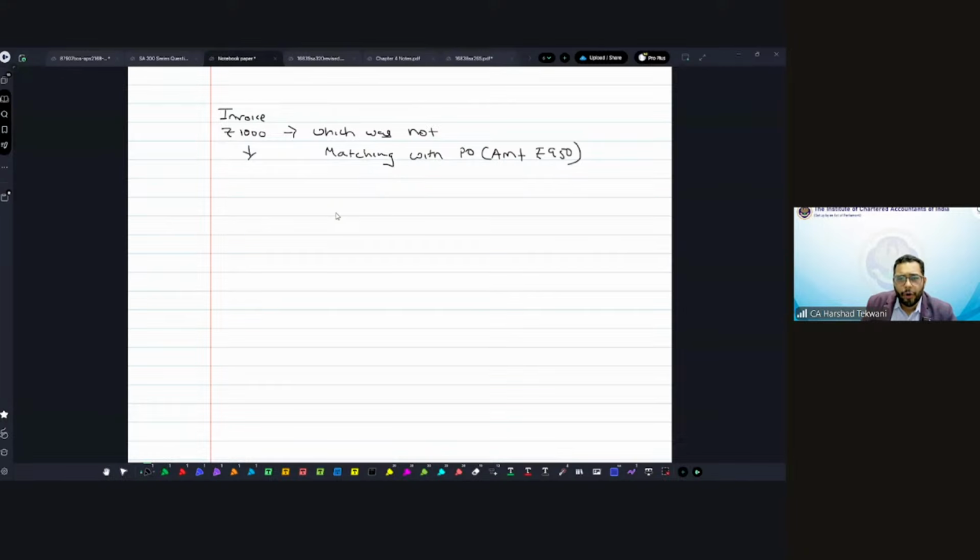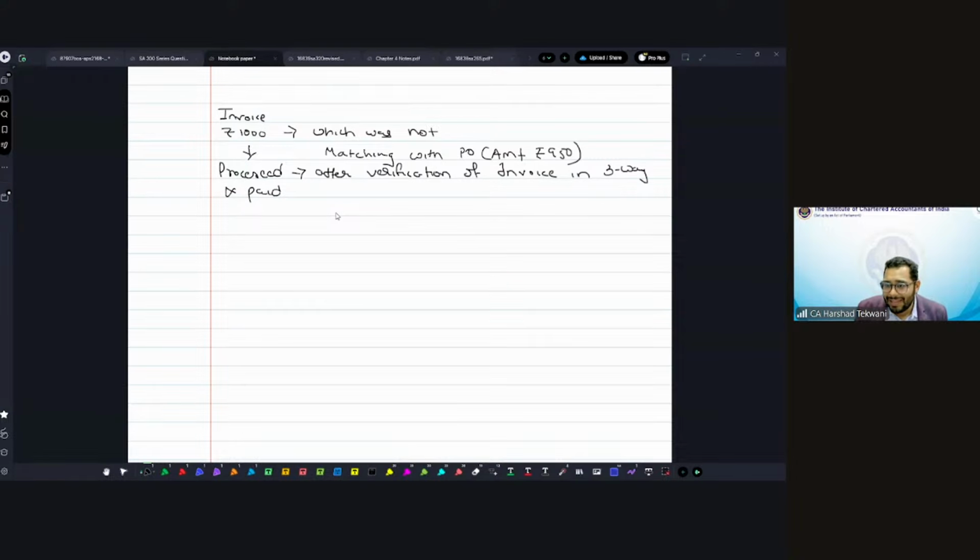This invoice was processed and paid. When I say processed, this was done after verification of the invoice in the three-way match control.